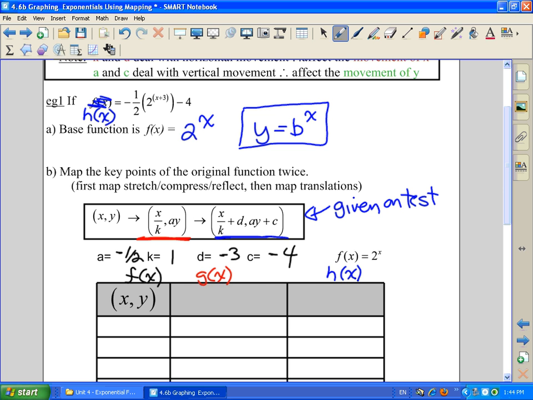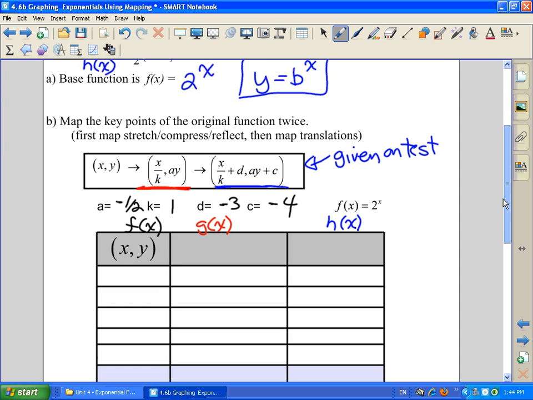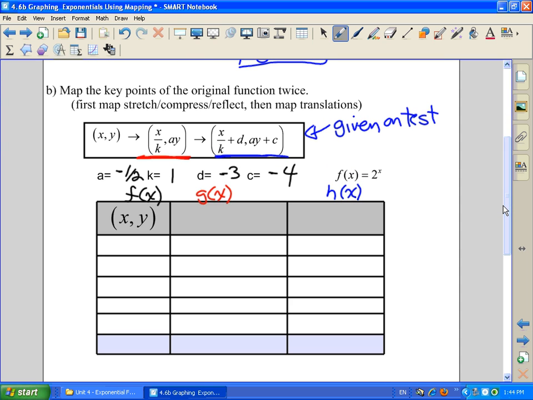All right. And what we're going to do here is fill in the mapping sequence to help us set up our graph. Once we have our ordered pairs, we can easily graph it. So just remember we're doing a direct transference. We're starting with our parent function, f at x equals 2 to the x, and we're not restricted in what values we need to use. So we're going to go negative 2, negative 1, 0, 1, and 2.